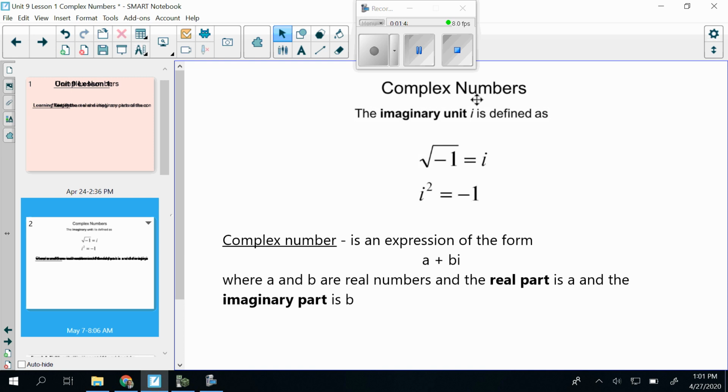A complex number is an expression written with both a real part and an imaginary part, if they have both. Whatever this number a is, that would be your real part. And whatever this number b is, in front of the i, that would be the imaginary part of the complex number.